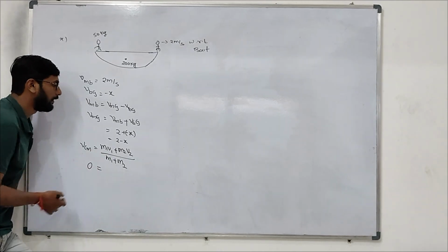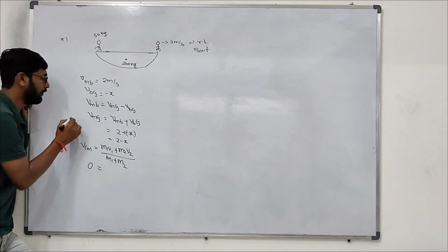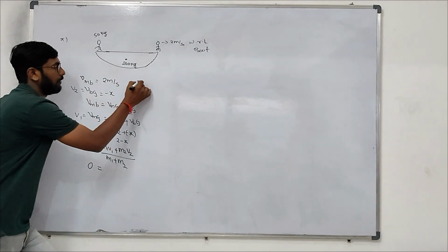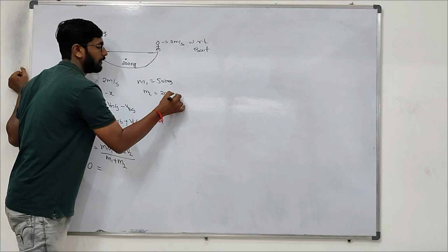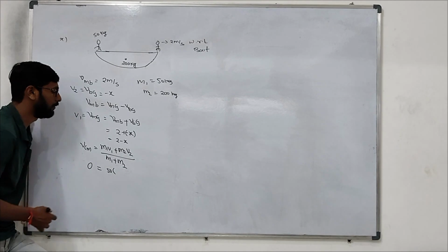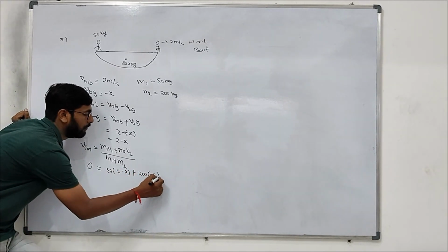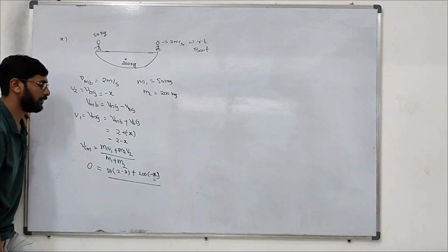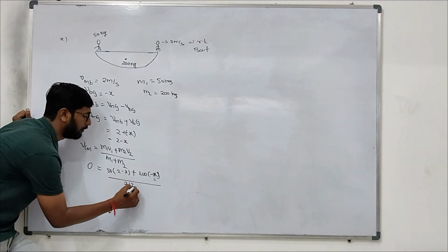So 0 equals m1 v1 plus m2 v2 by m1 plus m2. V1 is the velocity of the man with respect to ground. V2 is the velocity of the boat with respect to ground. We know m1 equals 50 kg, m2 equals 200 kg. Right? So the values: 50 into (2 minus x) plus 200 into minus x, whole by m1 plus m2, which is 250.